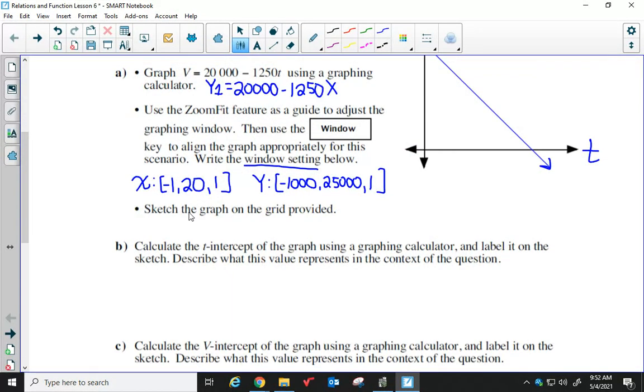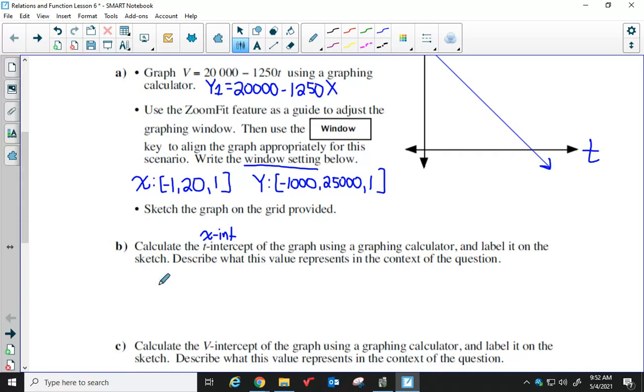Okay, B says calculate the T-intercept of the graph using the graphing calculator and label it on the sketch and describe what this value represents in the context of the question. So the T-intercept is going to be the X-intercept. The way to get the X-intercept is you want to use that 0 function.